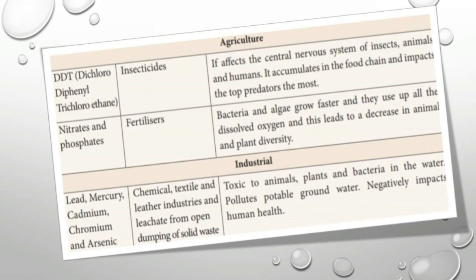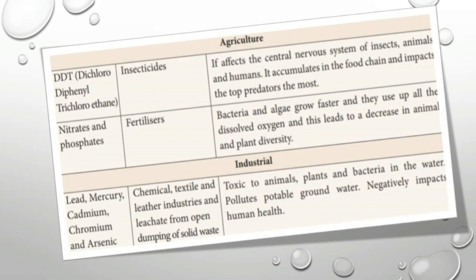Next, we are going to see the agricultural pollutants. The sources of agricultural pollutants are insecticides and fertilizers. First, insecticides. The pollutant inside the insecticide is DDT, dichloro-diphenyl trichloroethane. The effect of this pollutant is that it affects the central nervous system of insects, animals and humans.